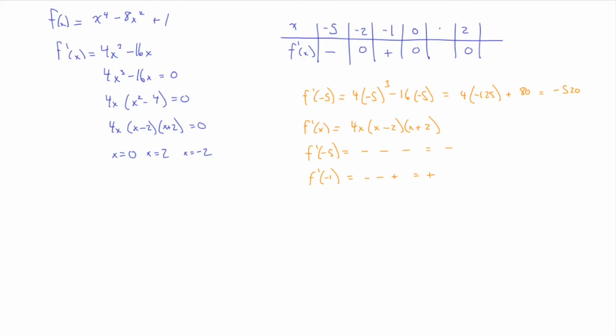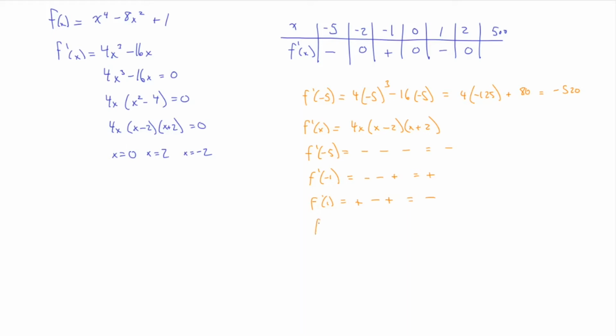Similarly, I'll pick a value between 0 and 2, let's say 1, and I'll pick a value to the right of 2. I could pick 3, but let's pick 500 just to show that it doesn't really matter. Computing the derivative at 1: 4 times 1 is positive, 1 minus 2 is negative, and 1 plus 2 is positive, and a positive times a negative times a positive is negative, and so we get that the derivative at 1 is negative.